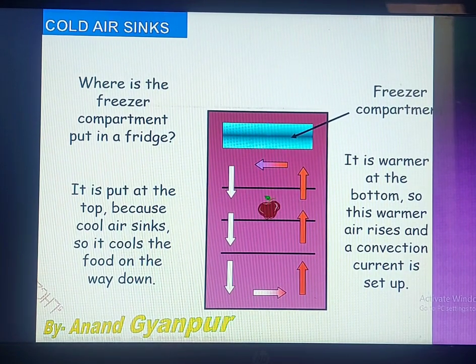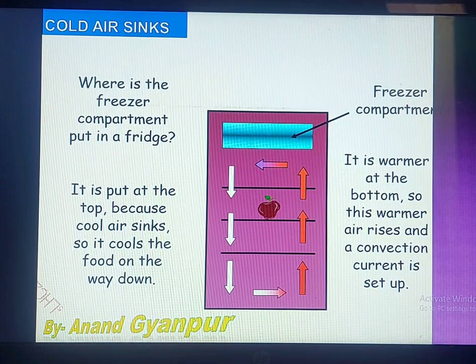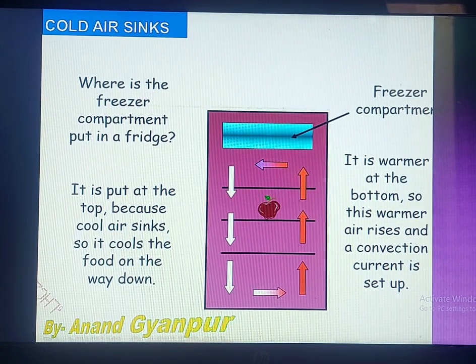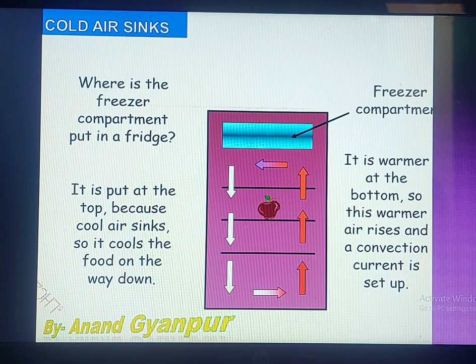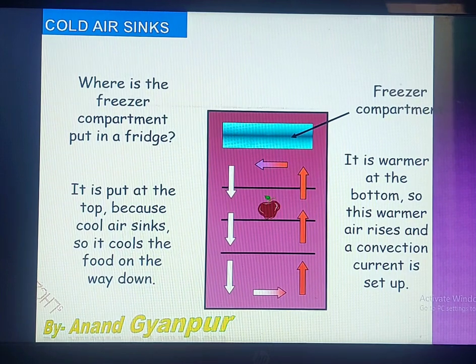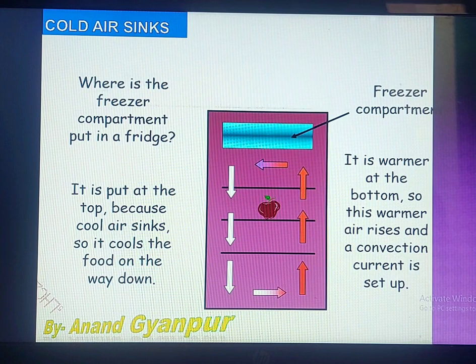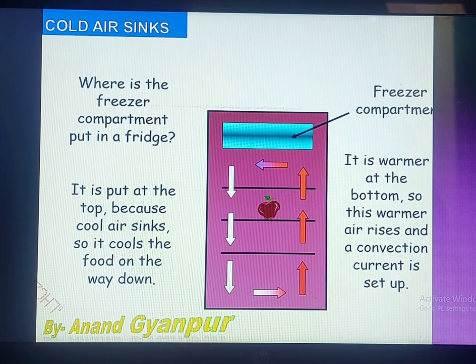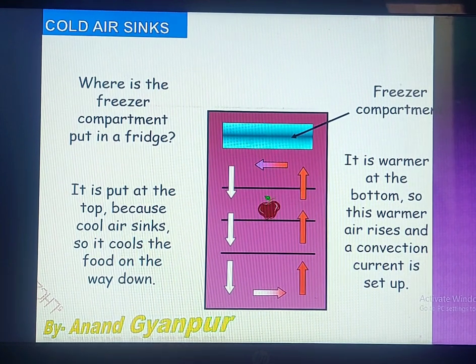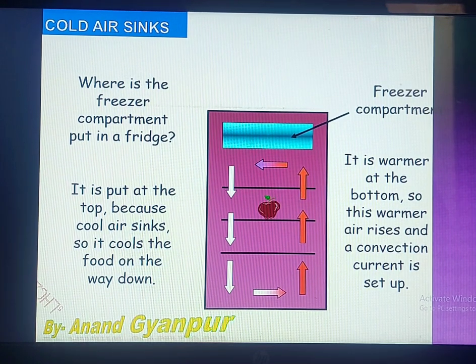Now it is warmer at the bottom, so this warmer air rises and a convection current is set up. As you know, hot air has less density and cold air has more density. So the hot air comes up and the colder air goes down. By this up and down flow, convection currents are formed. So the freezer compartment is on the top side.